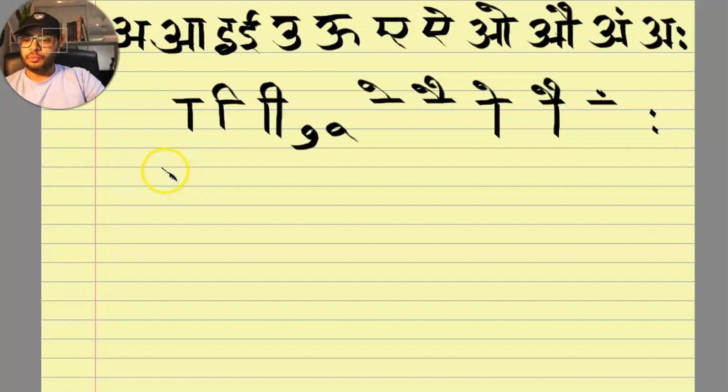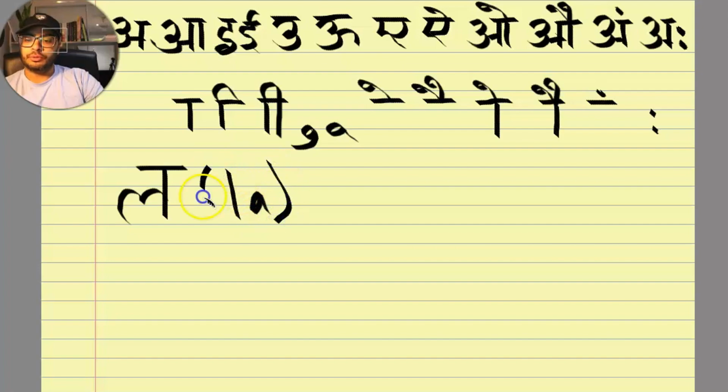The next sound is law. The way we write it is a vertical line and then 1 and 2, and a dash on the top, and the IAST for this sound is going to be LA.